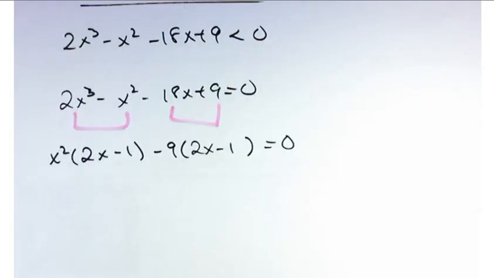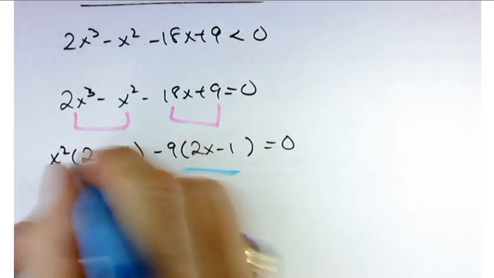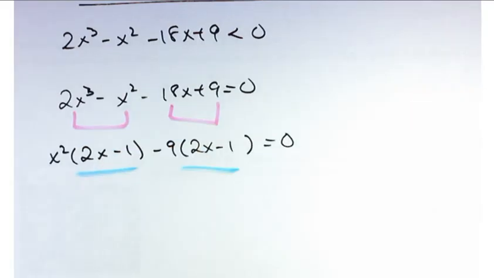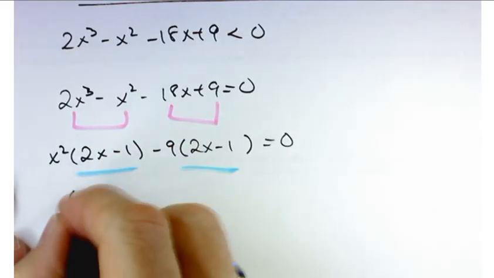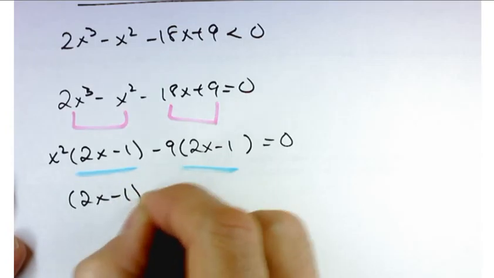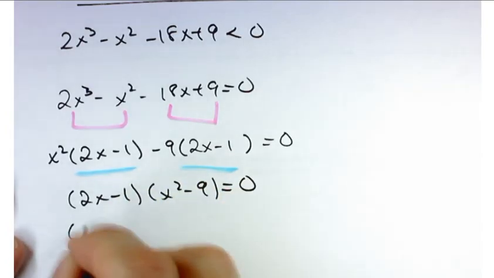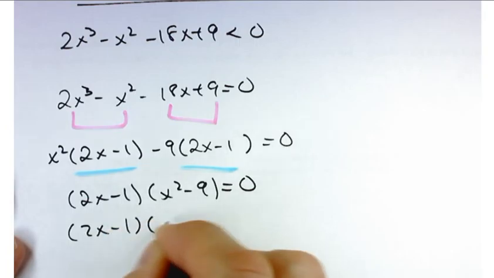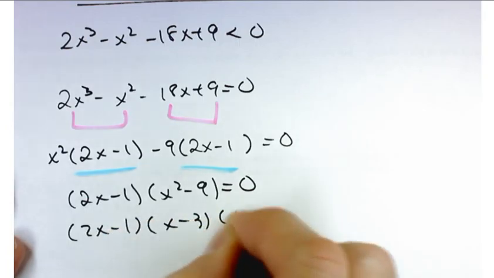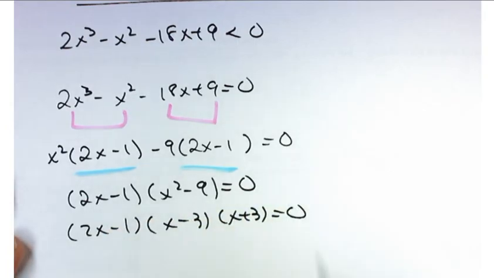Okay, looking better. You should notice that these 2 terms match. So that's a greatest common factor. I can factor that out. 2x minus 1 times x squared minus 9. And overall, 2x minus 1 times x minus 3 times x plus 3.